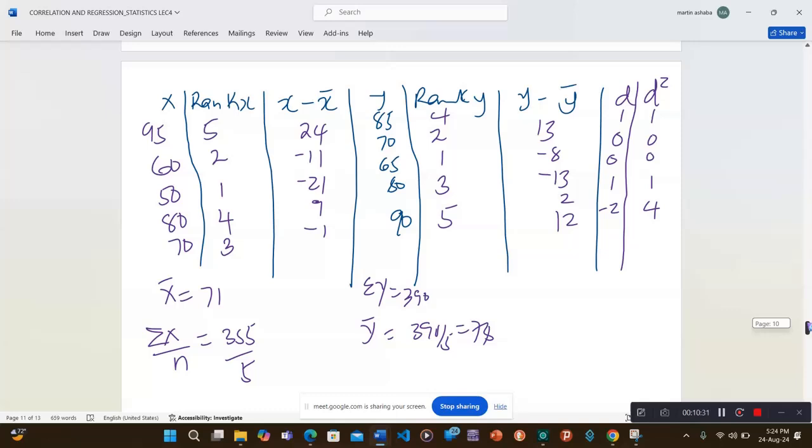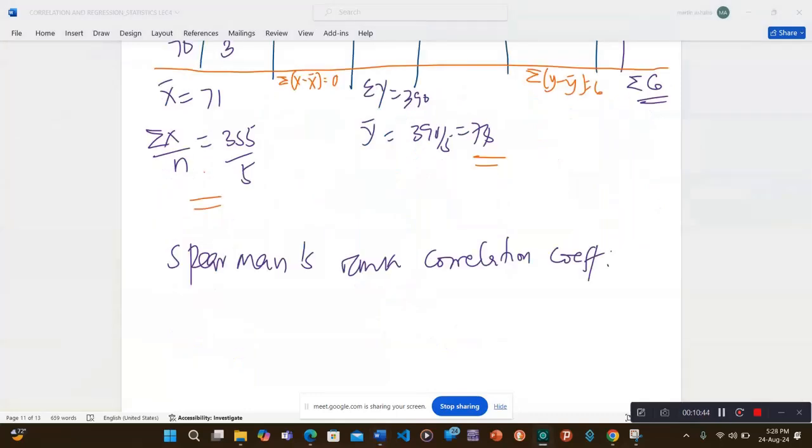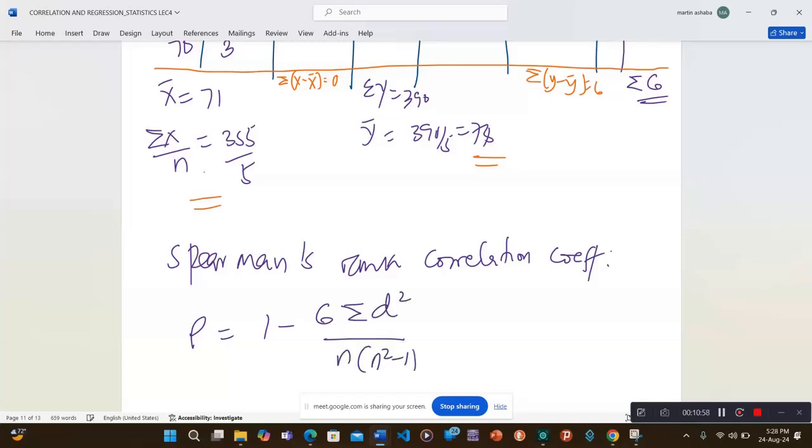If that is done, you can sum this. So let's write our Spearman's rank correlation coefficient, which is equal to 1 minus 6 times the sum of d squared, divided by n times n squared minus 1.